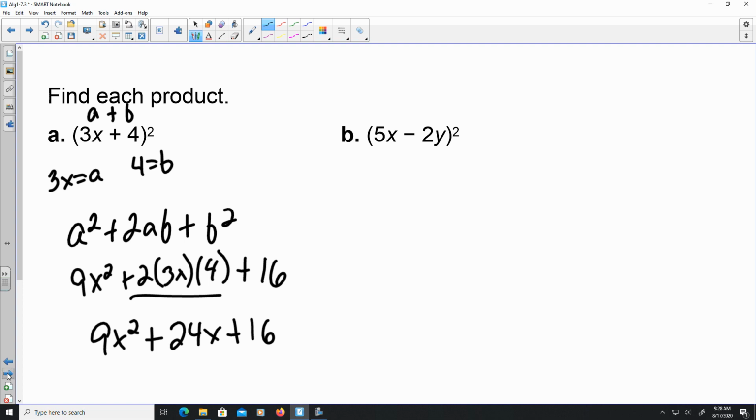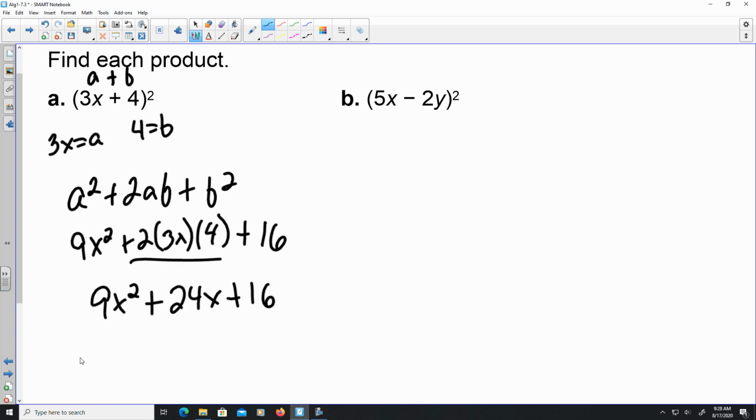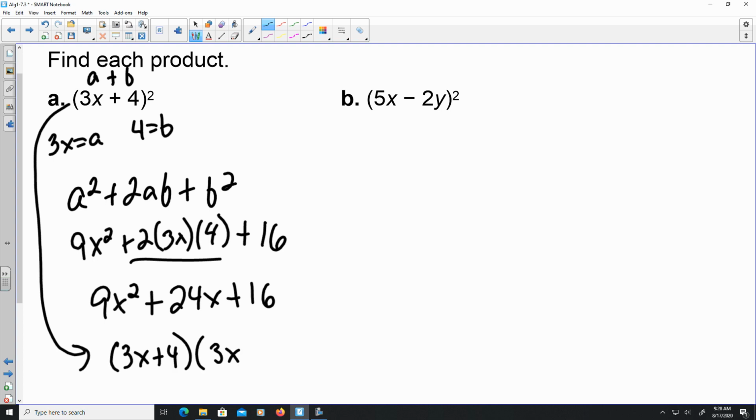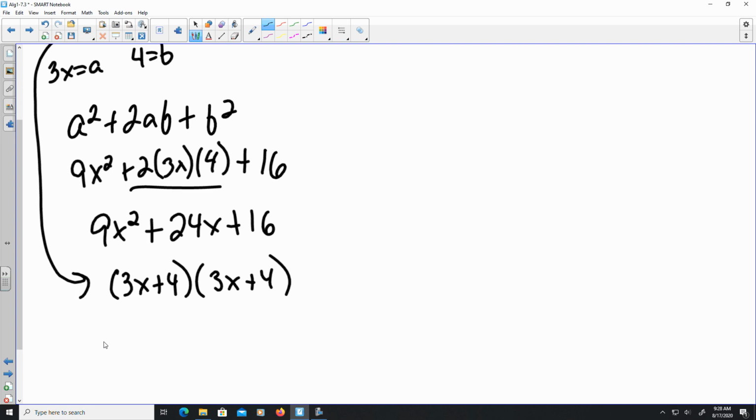So we should get the exact same thing if we try to expand this. If we expand this, we get 3x plus 4 times the quantity of 3x plus 4, using the FOIL method. You can also make a table if you'd like.